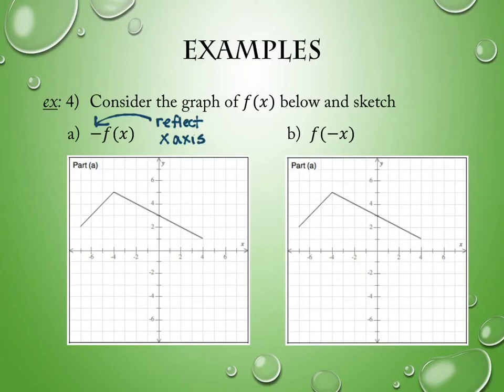And if you're reflecting over the x-axis, it means however far up you are, you will now be down that far. So let's take a look at a specific point. How far up is this point right now? Can you tell from where you're sitting? It's 5 up. So when it gets reflected, it will go all the way down to being 5 below.